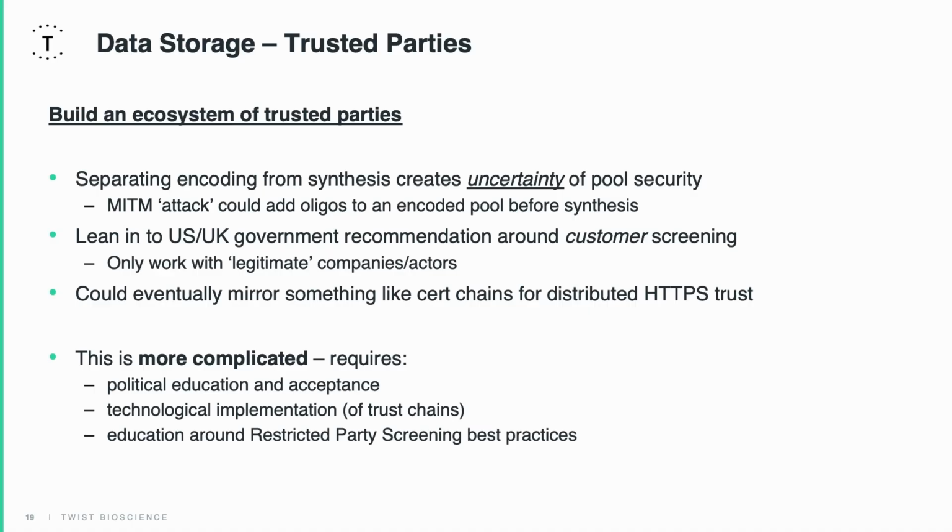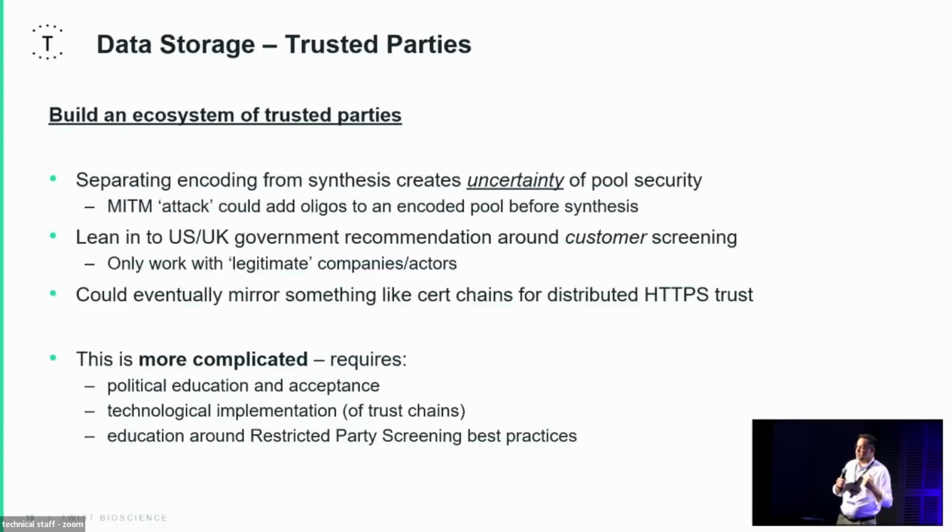The challenge with this is that it's really complicated to describe to a regulator in a way that makes it seem totally divorced from misuse. So it will require a pretty high degree of political and ongoing education to make sure that the technological implementation is something regulators can buy into.